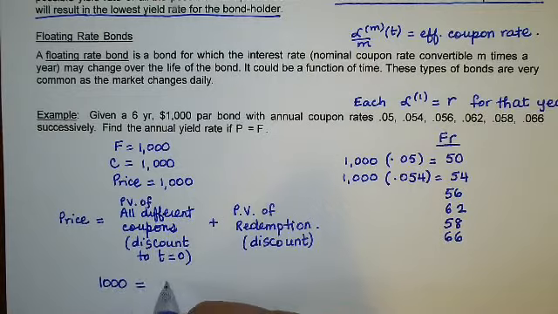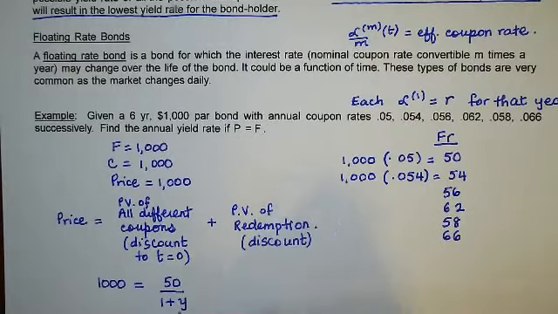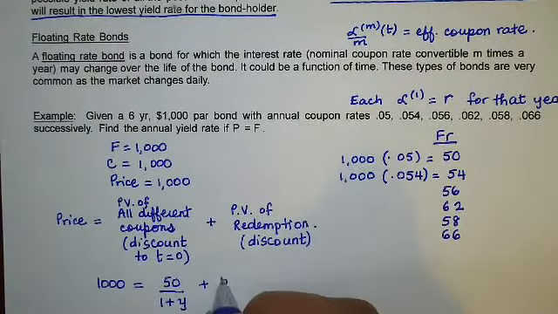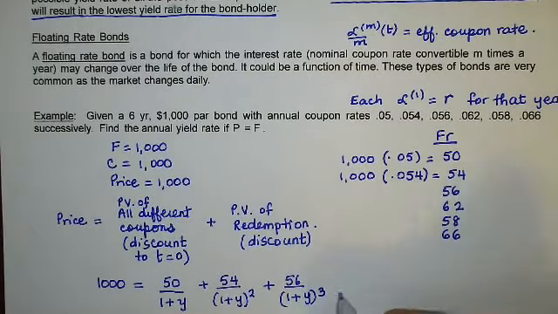So 1,000 equals 50. That's my first coupon. Discounted 1 year, 1 plus y. I'm looking for y. Plus 54 over 1 plus y squared. Plus 56 over 1 plus y cubed.